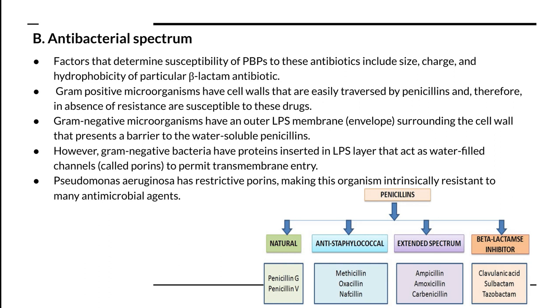Accordingly, the penicillins can be natural penicillin. Initially there was penicillin G and penicillin V, but the problem is that they were not at all working against staphylococcus. I'll tell you how, what, when. Just trust me on the chronology.